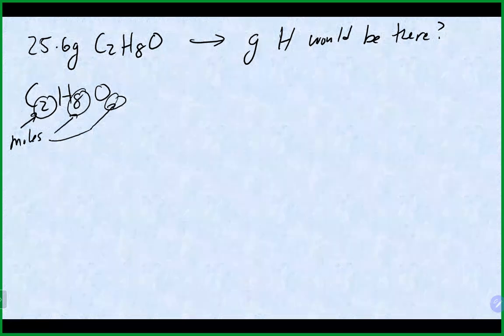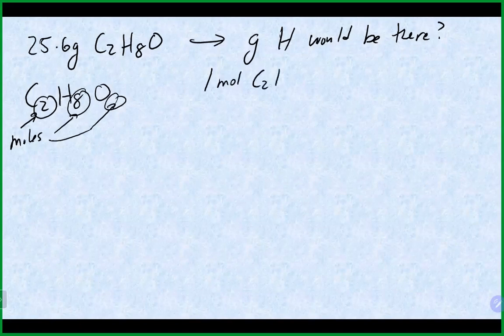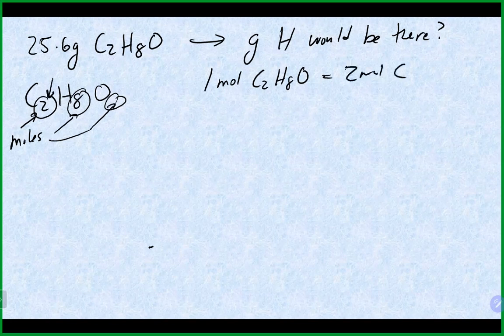So for example, we could say in 1 mole of this entire thing, there would be how many moles of carbon? There would be 2 moles of carbon. We could also say in 1 mole of this entire thing, there would be 8 moles of just hydrogen.